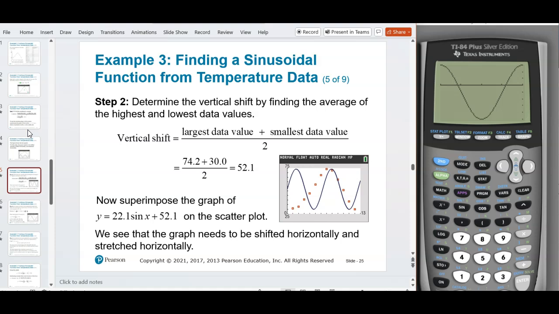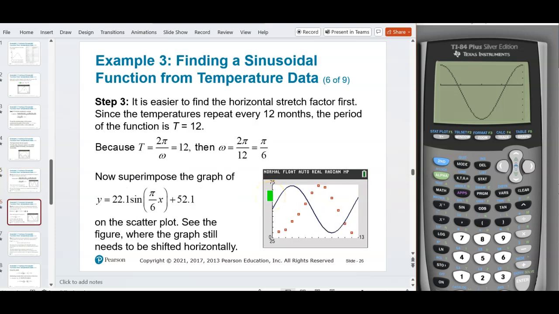That'll give us the average, and that's the number right in the middle between the largest and the smallest. So in this case it's at 52.1, so now we know we're going to have the sine function times 22.1 to fix the amplitude, plus 52.1 to kind of get us in the correct range. And so you can see now we're hitting the max, we're hitting the min. Again, our period is off, so we got to fix the period and the phase shift as needed.